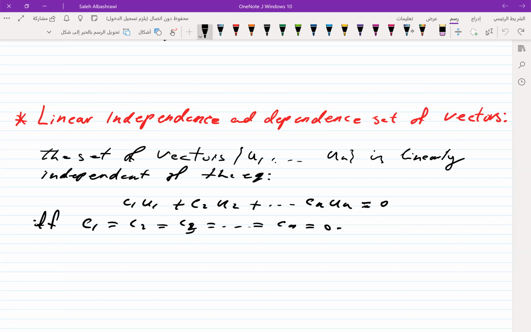In that case, if this condition is satisfied, then we call the set linearly independent.